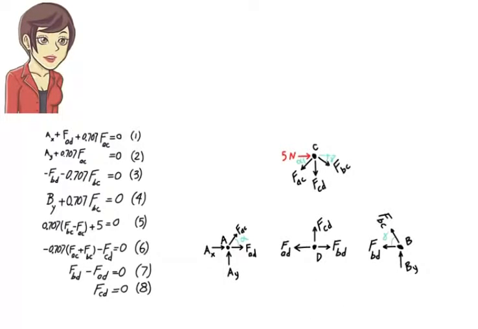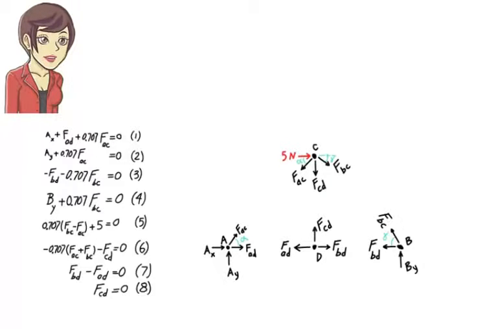I am going to scan the joint free body diagrams looking for 2 types of joints. 1. A joint with only 2 unknown forces. Because if such a joint exists, then the 2 forces can be calculated directly using the joint's equilibrium equations. Or 2. A joint having exactly 1 unknown force in either x or y direction.